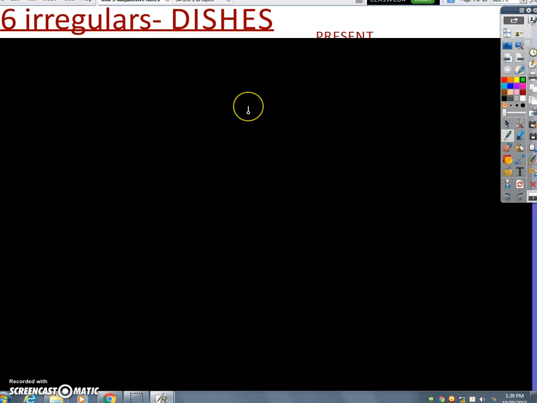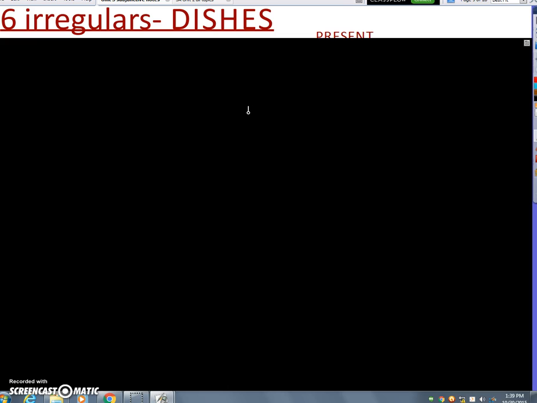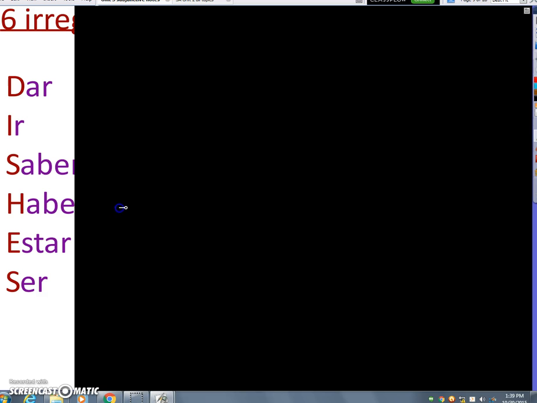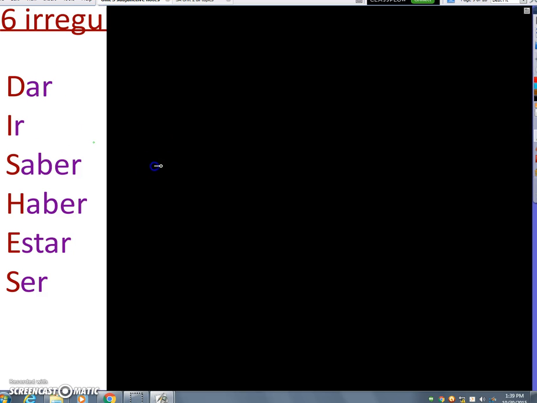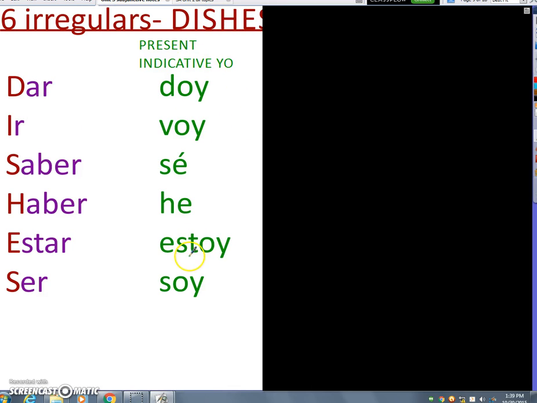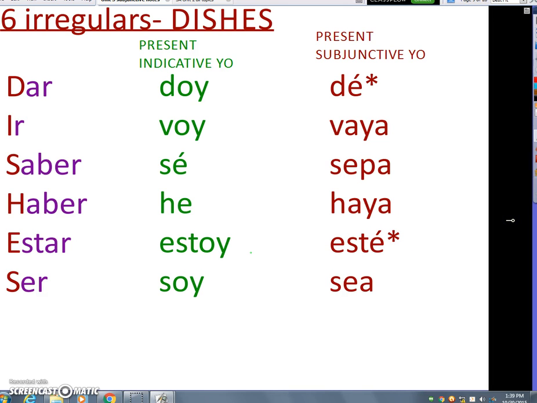Well, of course there's going to be some irregulars, and if you remember from commands, they were our dish verbs. What does that mean? Well, these verbs here, because their present indicative yo form has an O that's trapped or doesn't exist at all, we can't take the yo form and drop the O. It's not possible. So they just have an irregular form.